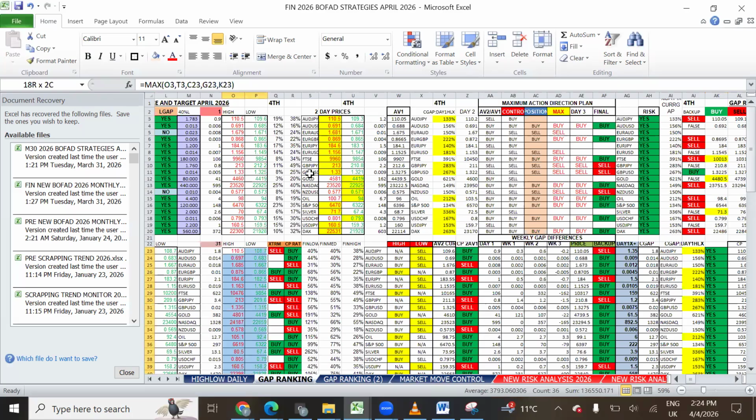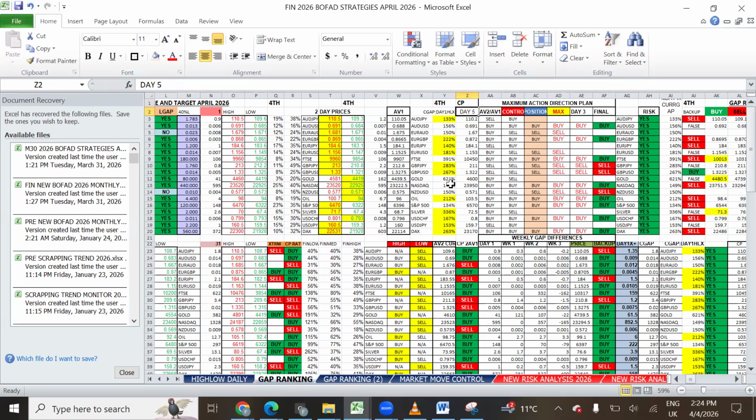All I need to do is copy and paste these figures here based on the dates or the days I wish, and then it also updates the current prices here. So this is the current price.